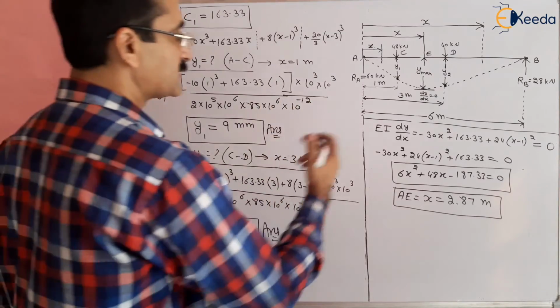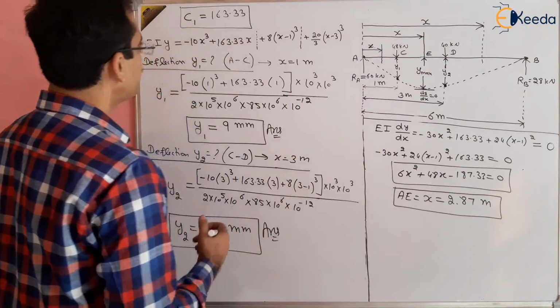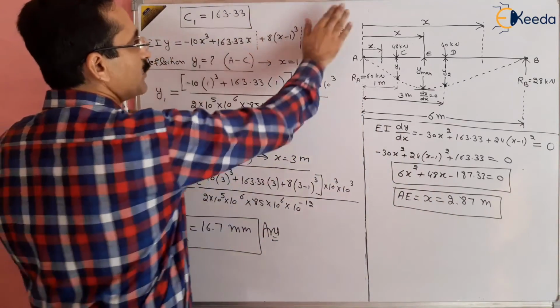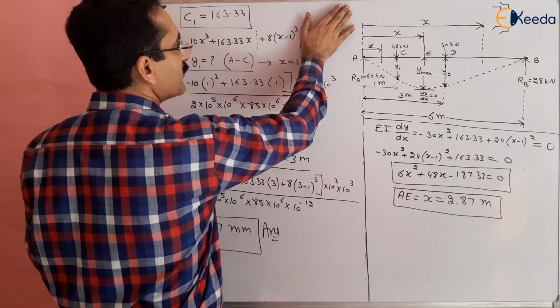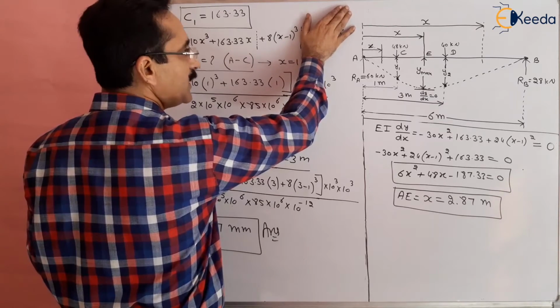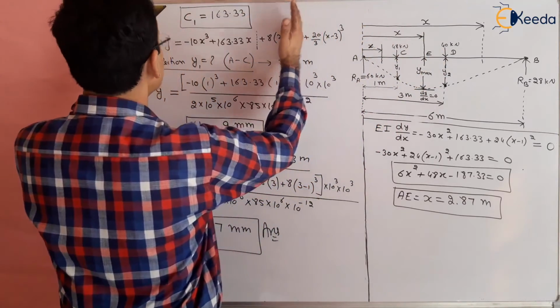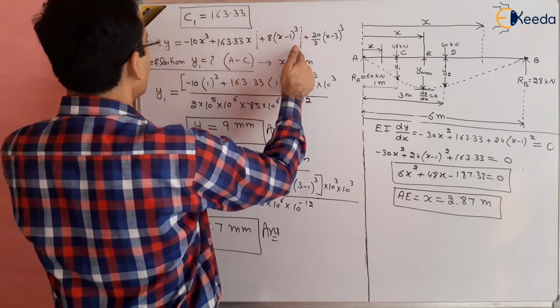But what is the value of maximum deflection? Put this value into this equation to get the maximum deflection. This part is not required because it is needed when we are taking the point between D and B. But we are taking between C and D, so this part is okay up to the second dotted line, right?